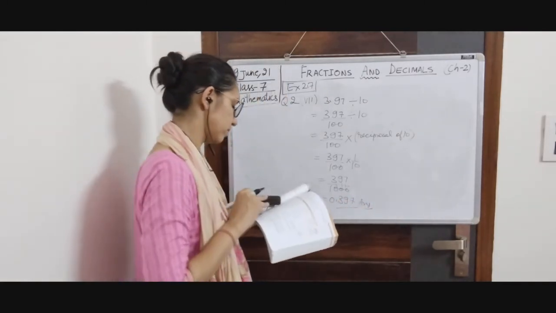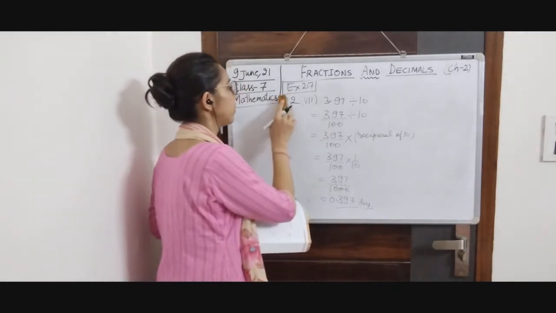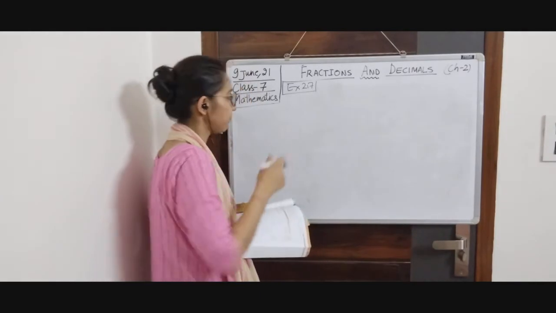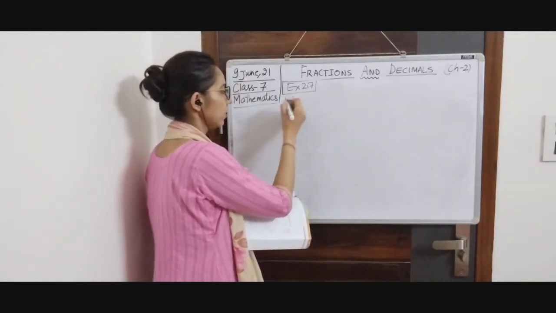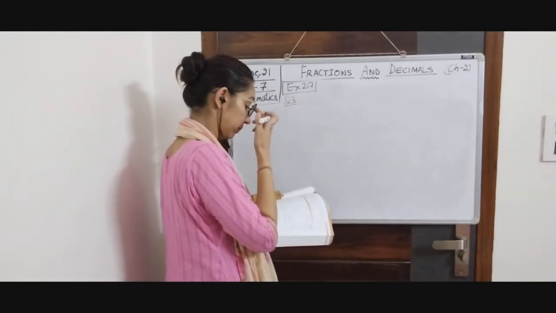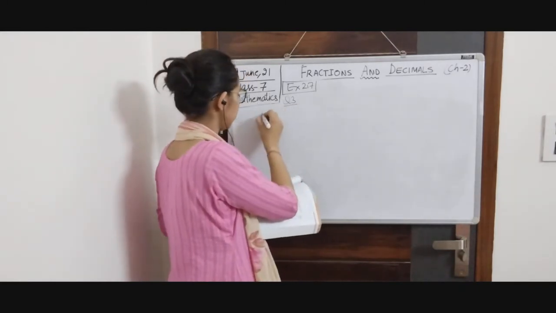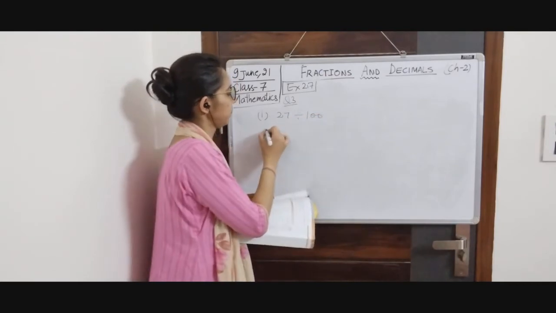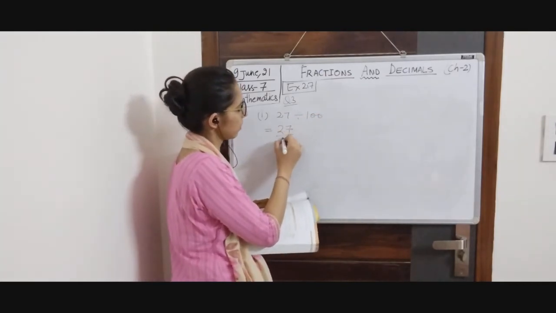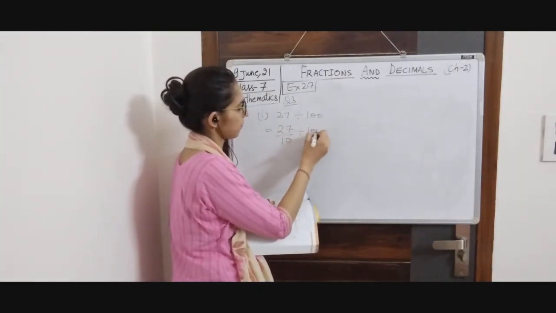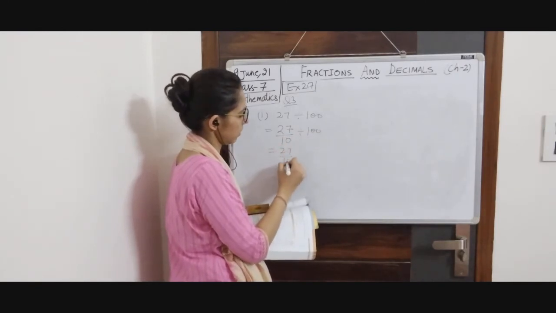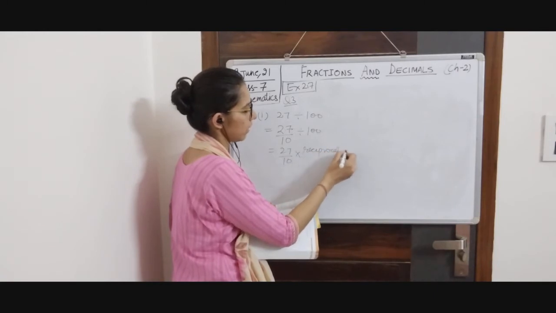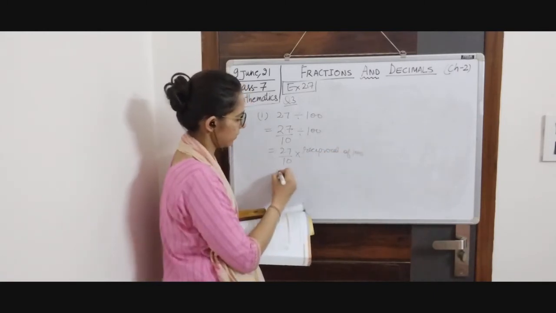Now question number 3. In question number 3, we will do 2 parts. First one is you have to divide 27 by 100. Same methodology. Multiply by the reciprocal of 100, which will be 1 by 100.